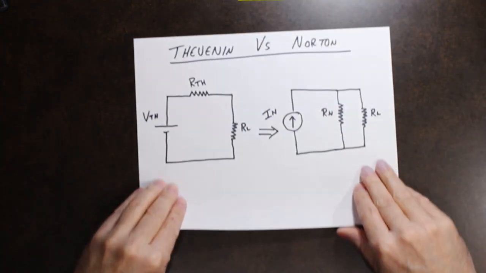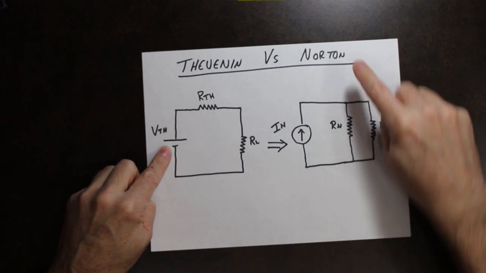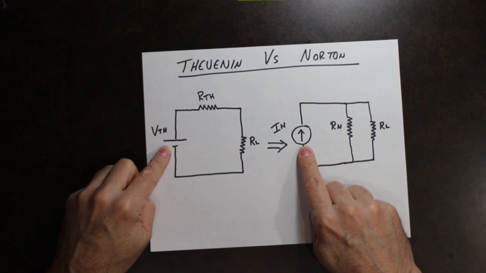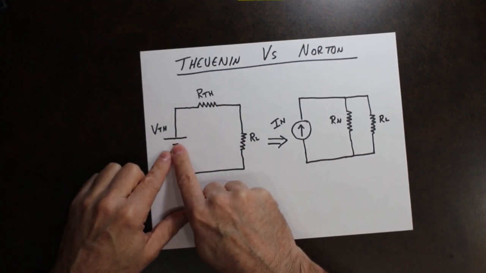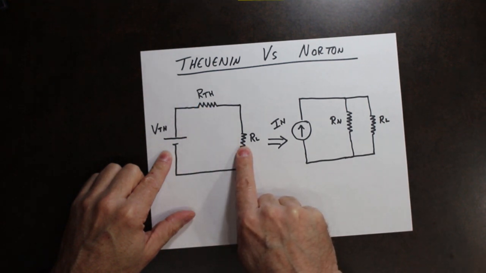One other difference, if we look at Thevenin's versus Norton's. Thevenin's is an equivalent circuit using a voltage supply, whereas Norton's is an equivalent circuit using a current supply. In the Thevenin's circuit, the voltage is divided up between the two resistors.